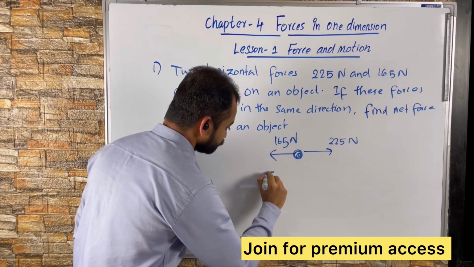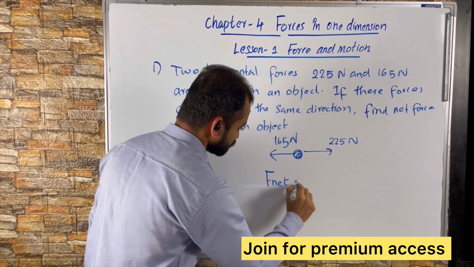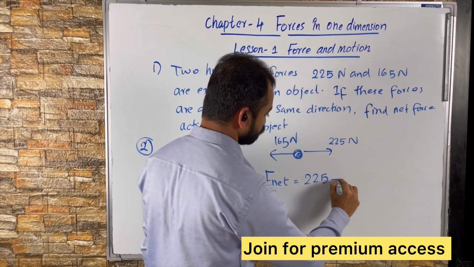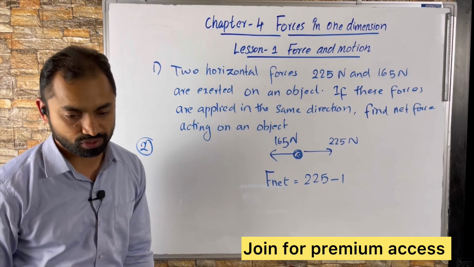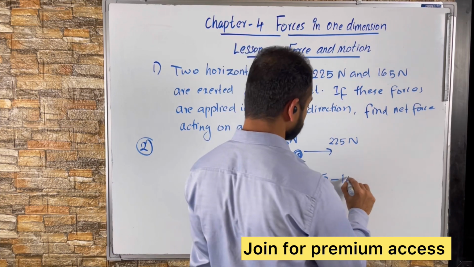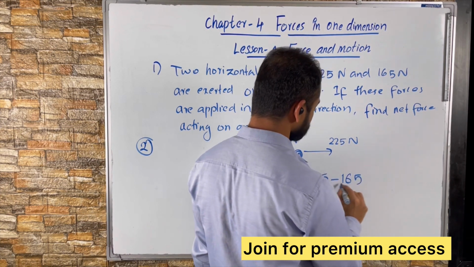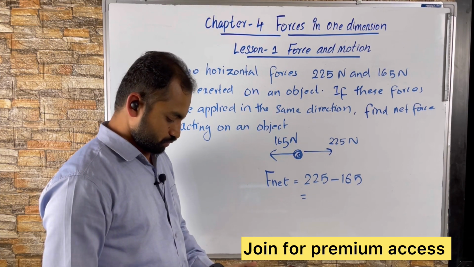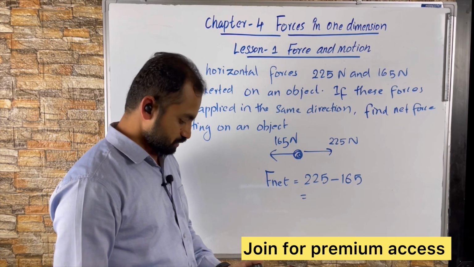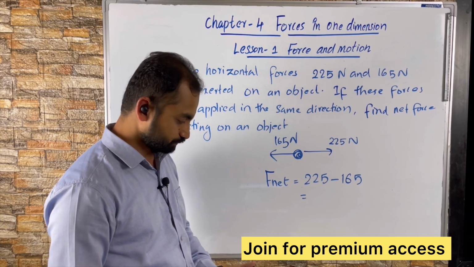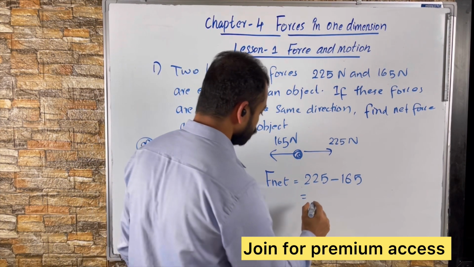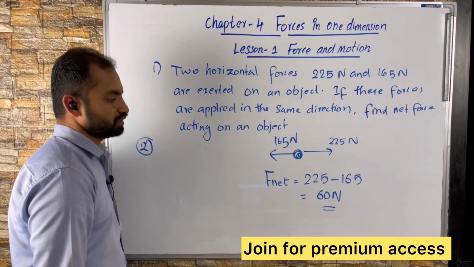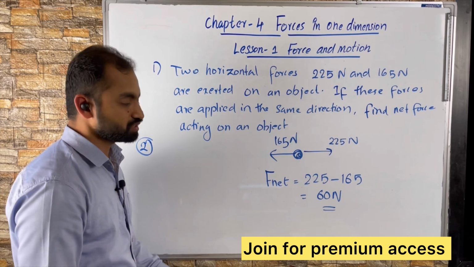Subtract, right? 225, the larger force, minus the smaller force. 225 minus 165, tell. I hope you got 60. 60 Newton is the net force, right?